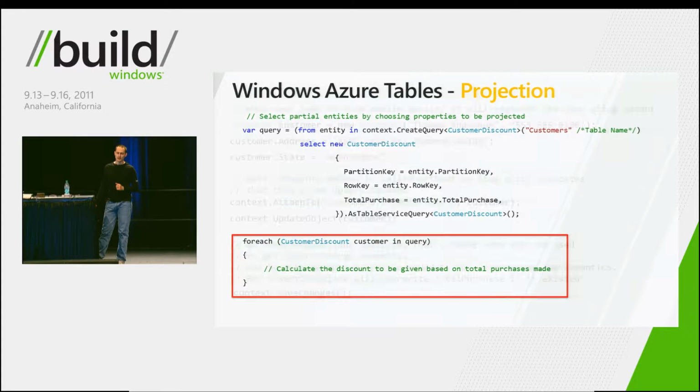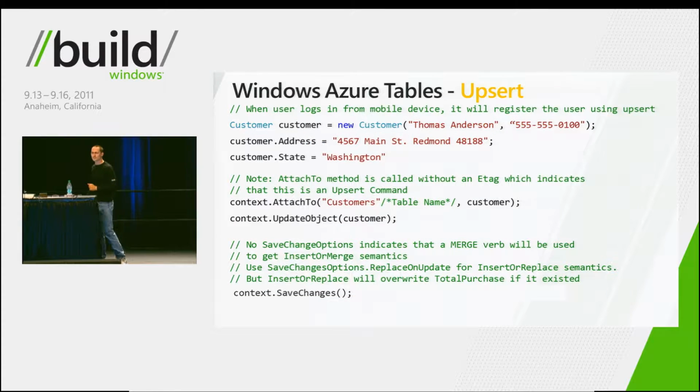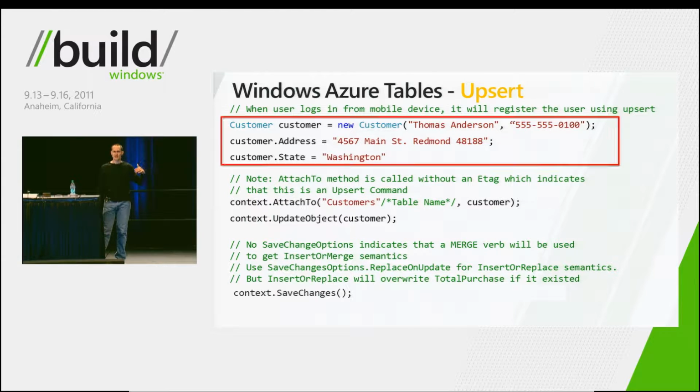Okay. Then upsert, as I mentioned, allows you to do this single request to the store to say insert if it doesn't exist, update if it exists. So continuing with our customer table, assume we have this other application that wants to either insert this customer if it doesn't exist or update its address and state.